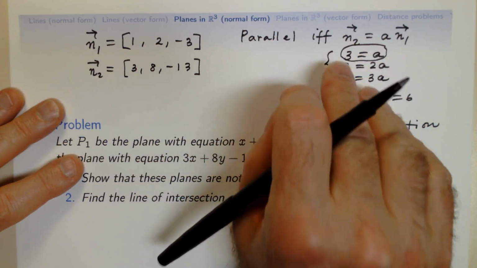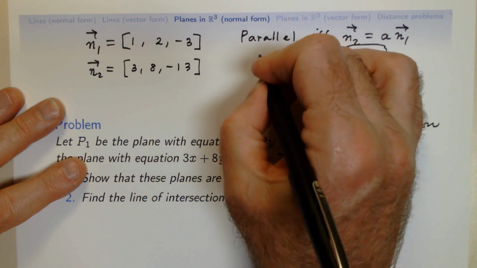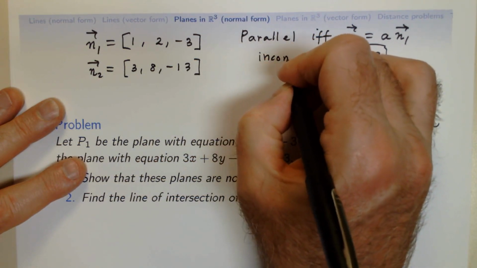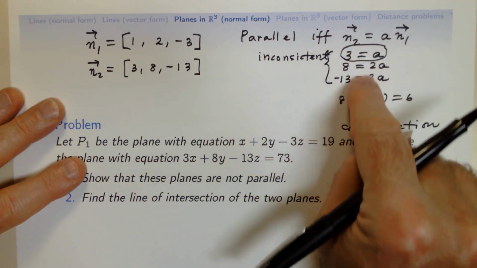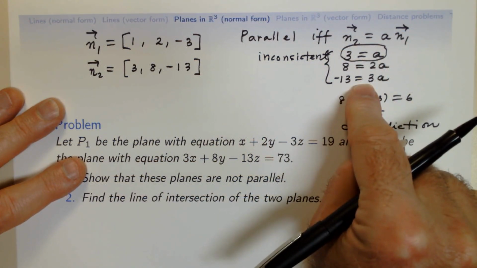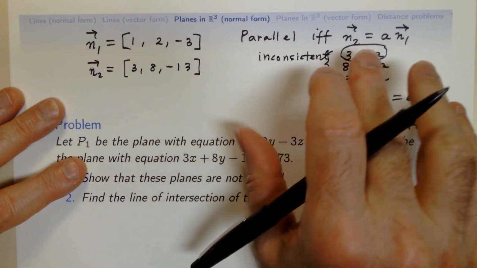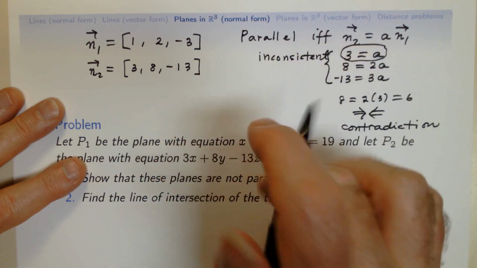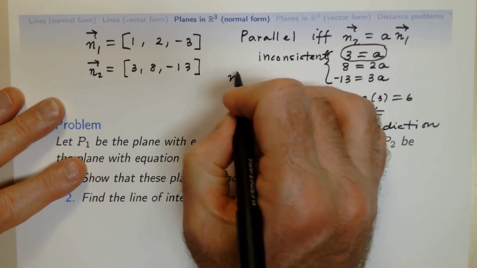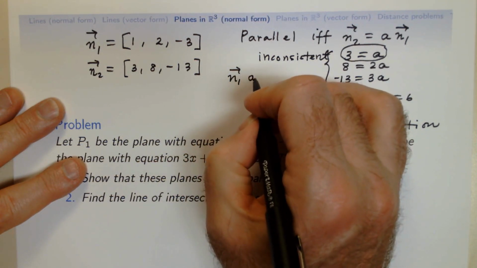And that means that this solution is not consistent. It's what we would call an inconsistent system. There is no value a that can simultaneously satisfy all of these conditions. The long and short of it is, there is no way to scale n1 to become n2. So we would say that n1 and n2 are not parallel.